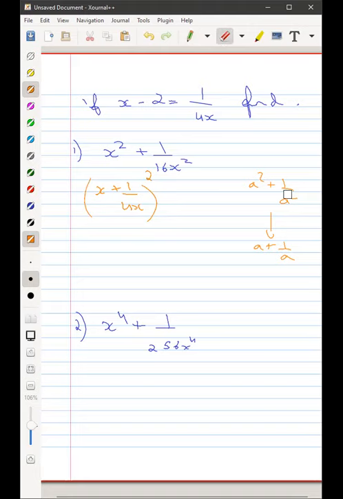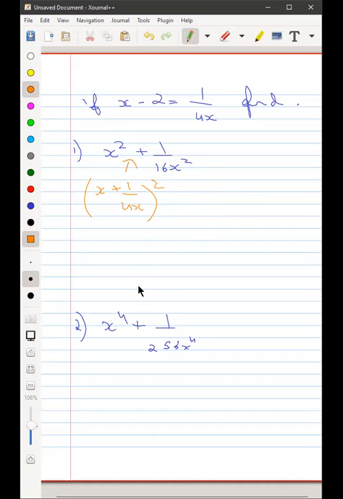What will I add over here? Minus 2 plus 2. Plus 1 upon 4x squared plus 2. I'll put a minus 2 here. I don't get it. Why? Okay, leave this. Fine. So you're clear that this is basically something related to the square of this.